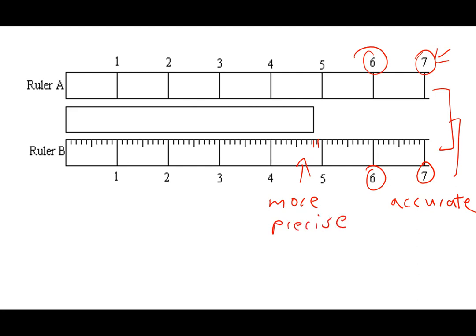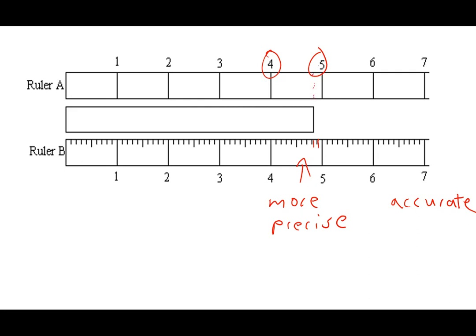What do I mean by a fine-grained measurement? Well, let's take a look at how each of these rulers would measure this object. For ruler A, I see that the object is in between 4 and 5 centimeters. Now, I don't know if it's 4.5, 4.6. I have to estimate.